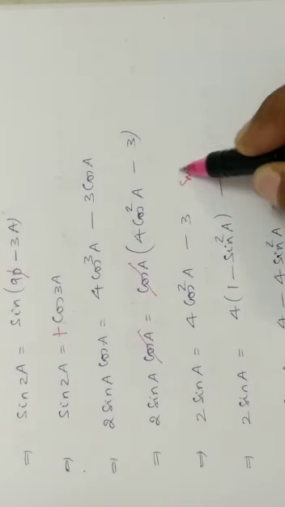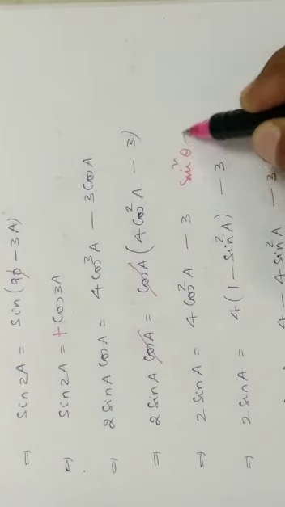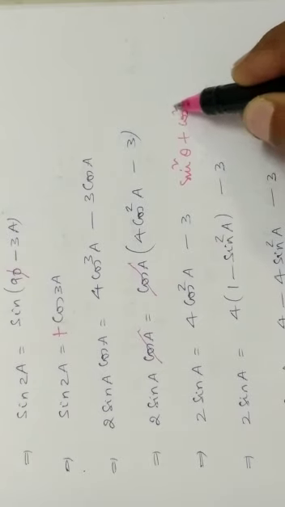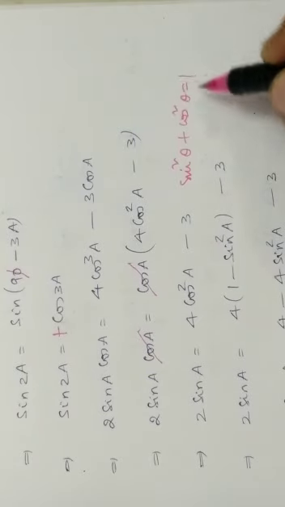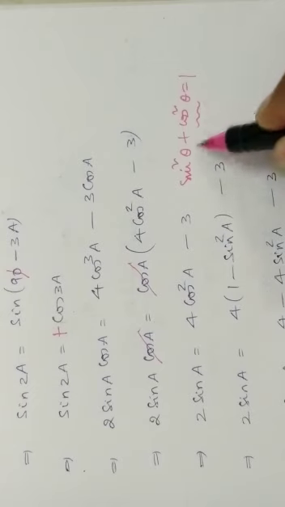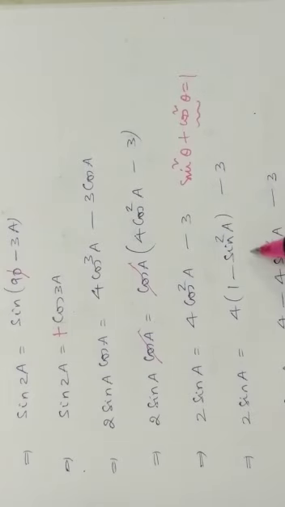In trigonometric identities, we know sin square theta plus cos square theta equal to 1. So cos square theta equal to 1 minus sin square theta. So cos square A is 1 minus sin square A, minus 3.